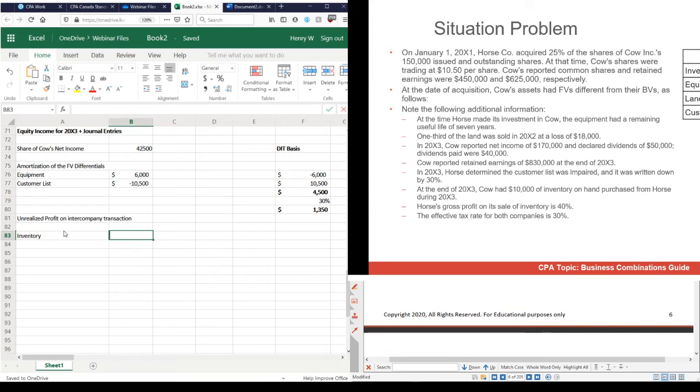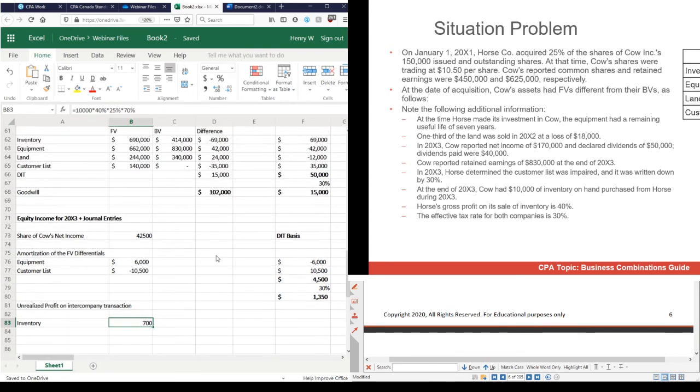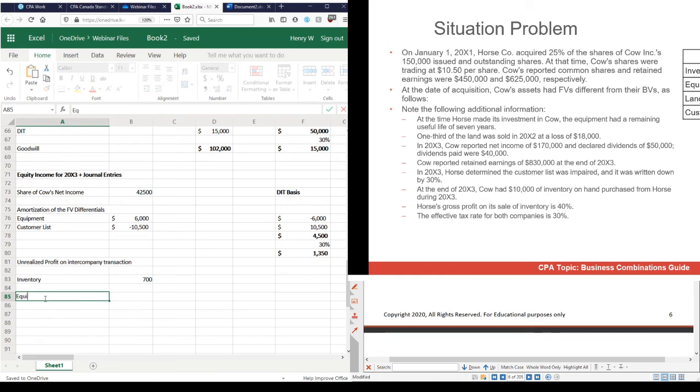Inventory 10,000 times 40% times the ownership 25% times the tax rate net. Is that right? Yep, 700. So here's the revised equity income.